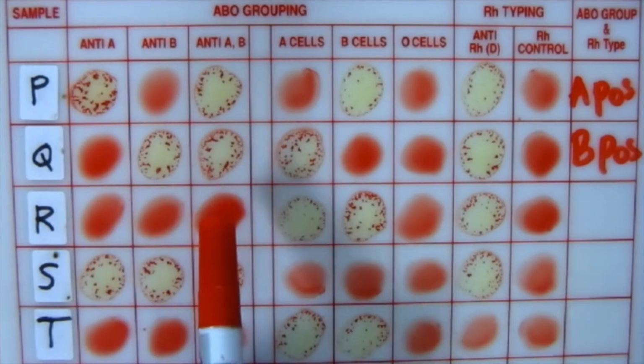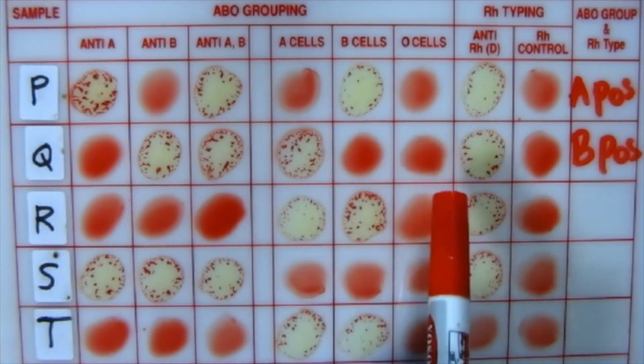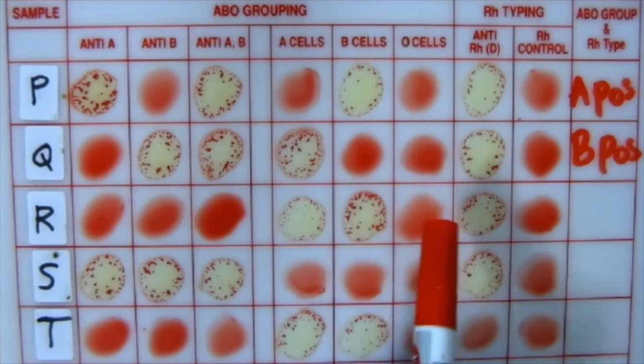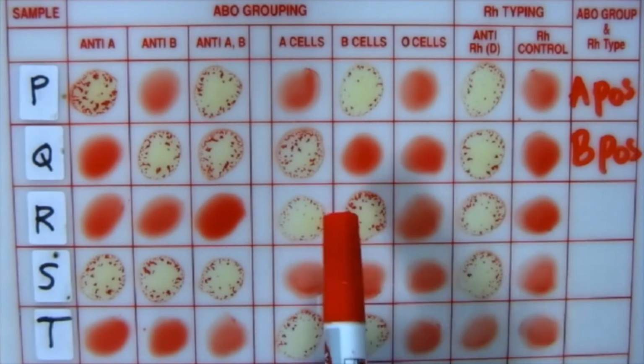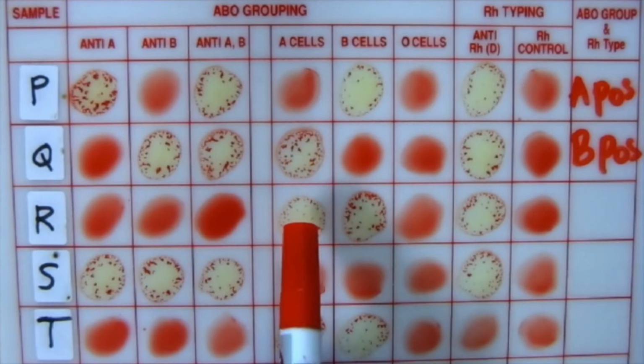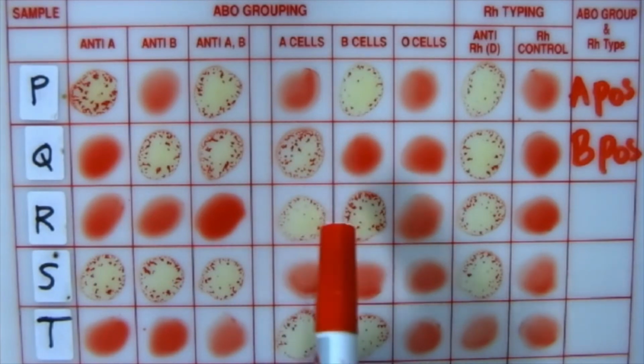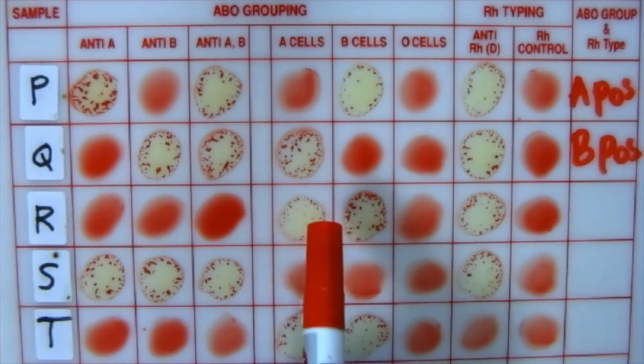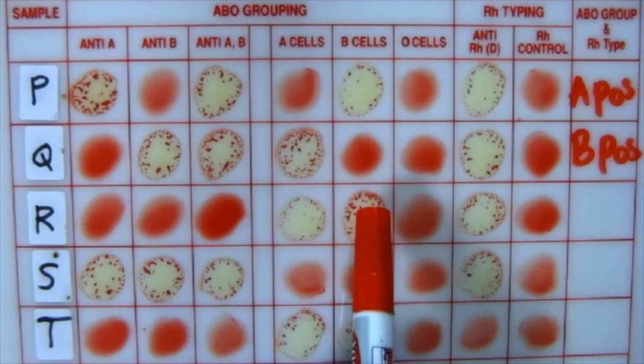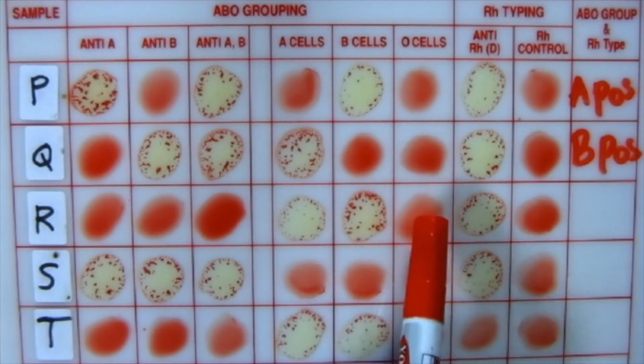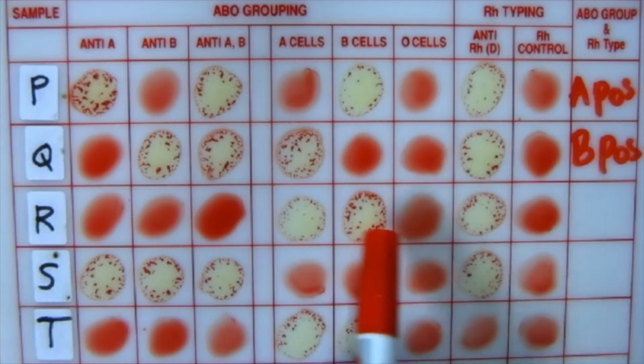But when we move to the indirect grouping section, this patient is having anti-A and anti-B in his or her serum.